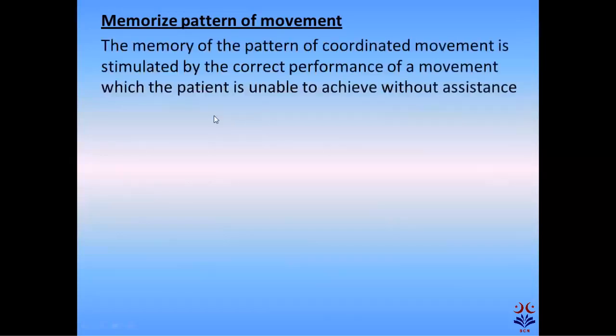Memorize the pattern of movement. The memory of the pattern of coordinated movement is stimulated by the correct performance of a movement which the patient is unable to achieve without assistance.